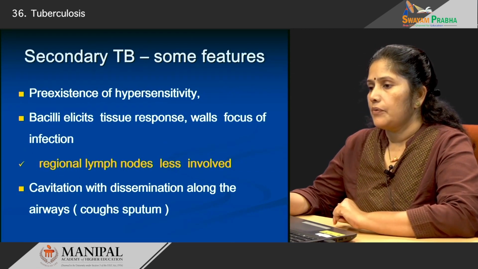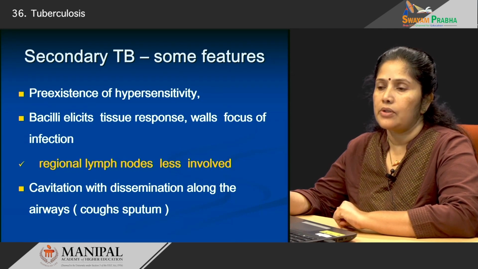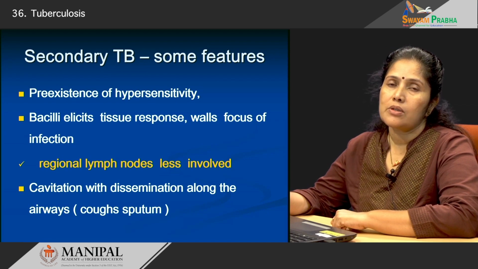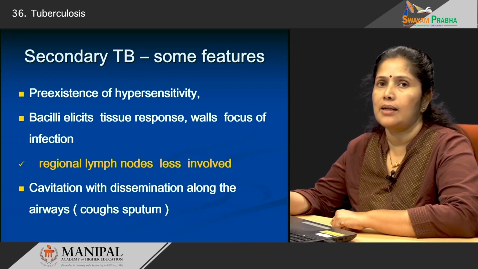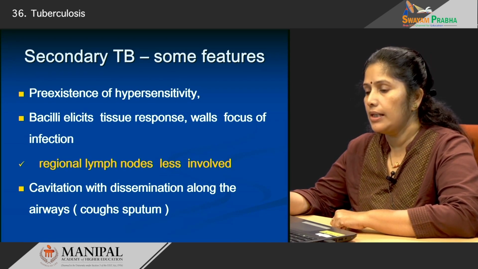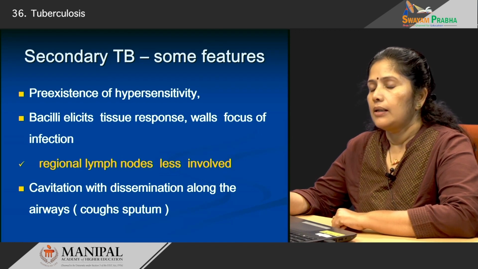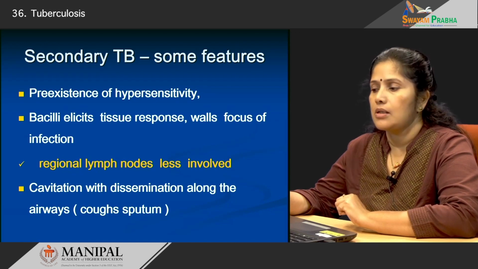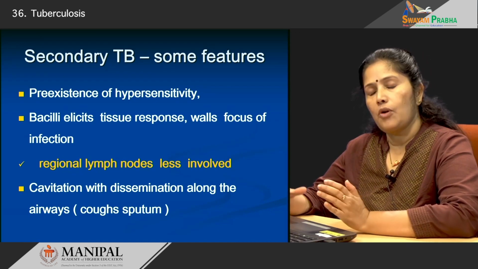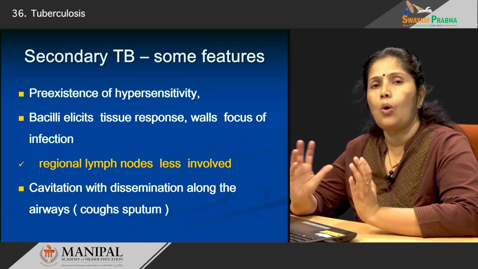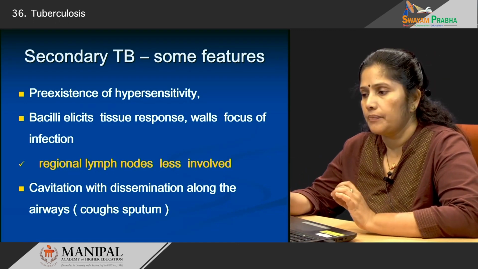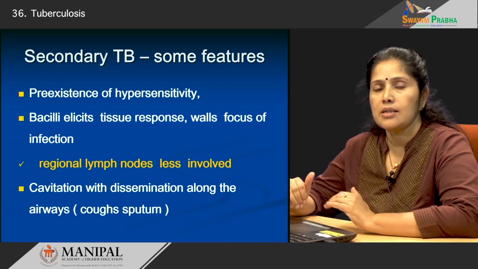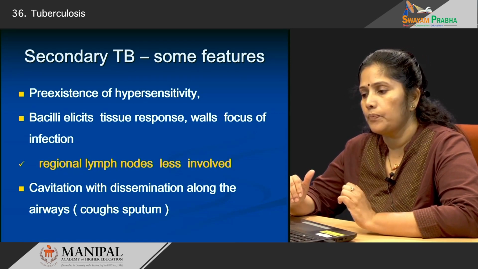Now, let us look at some of the features of secondary tuberculosis. As we have learned earlier, these are patients who have a pre-existing hypersensitivity response already elicited. The bacillus by itself elicits a very strong tissue response, in the form of fibrosis, and it tries to wall off this infection. Hence, the regional lymph node involvement in these patients is very low.